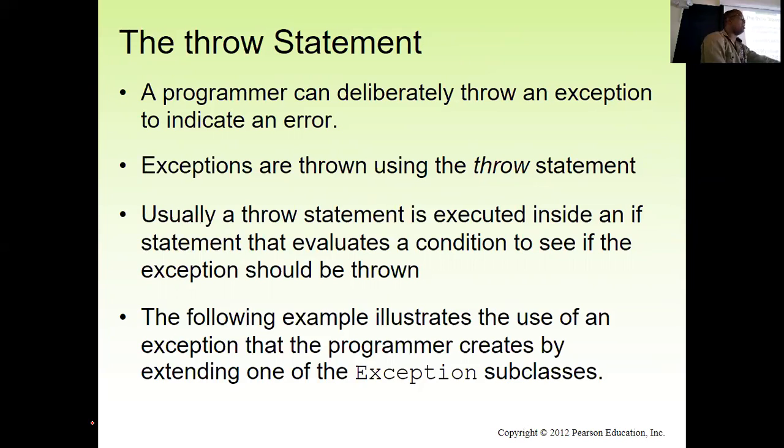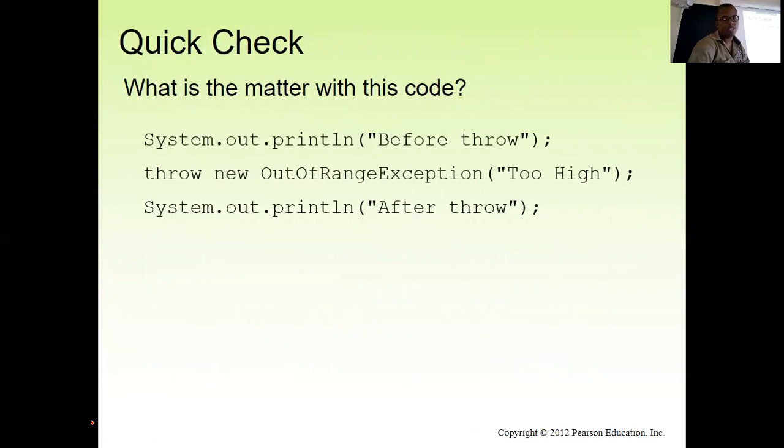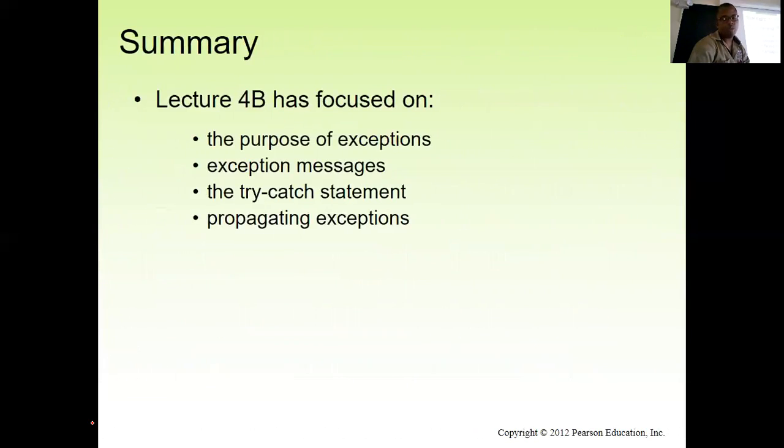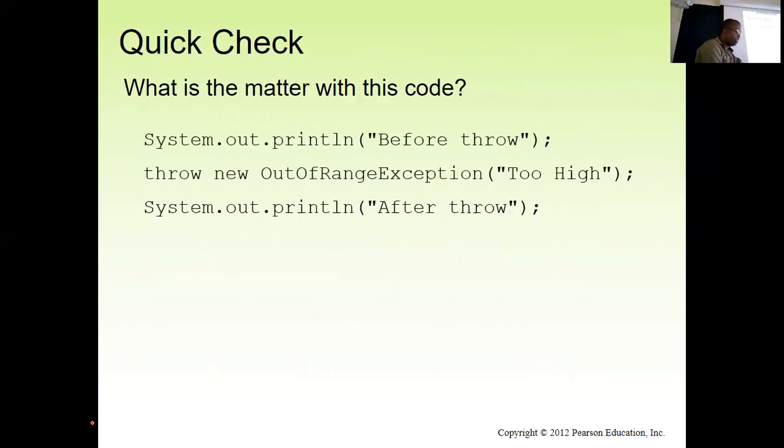You can have some code in your program that says, anytime this happens, I need to create an exception, and you do that by using the throw keyword. We're going to talk about that in a little more detail in the weeks to come.